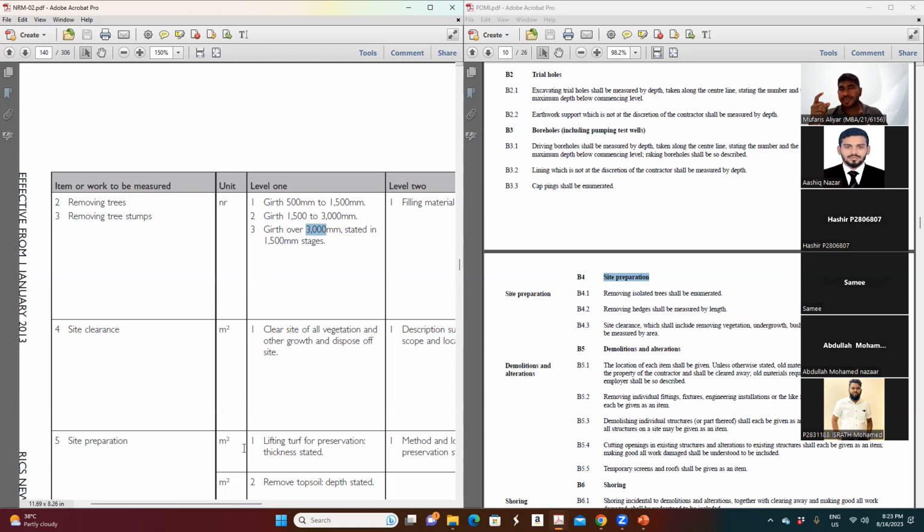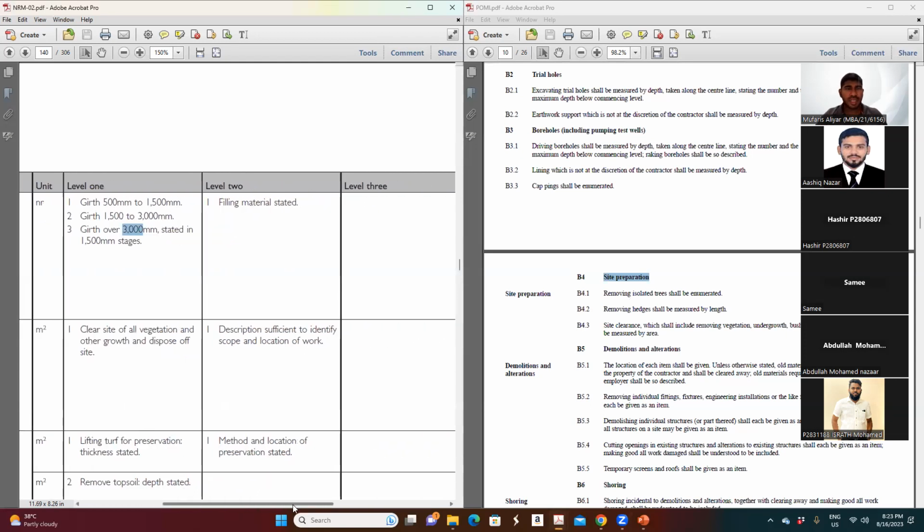For example, let's say one number of cutting a tree with a 500 girth, you put 1000 dirham. And another tree with a 3000 millimeter girth, you cannot put 1000 dirham because you need to put so many resources there. So that is why they give a category, so you can have a different price for different girth.